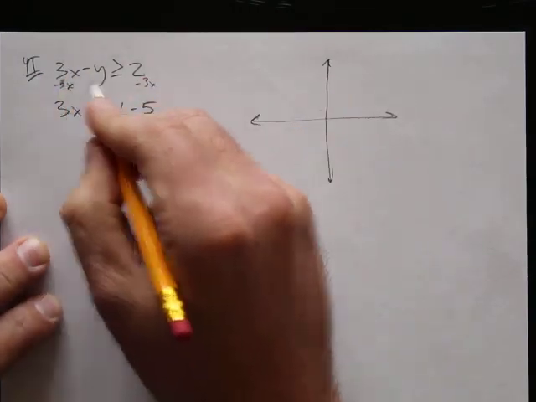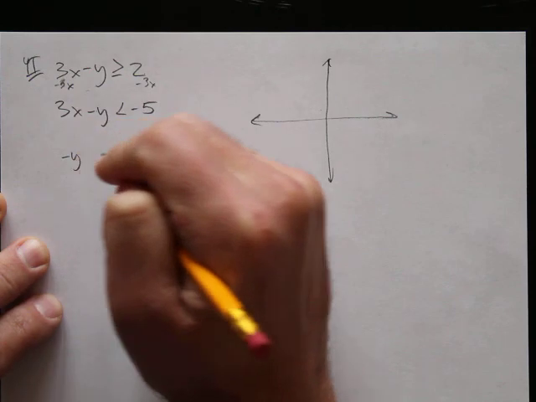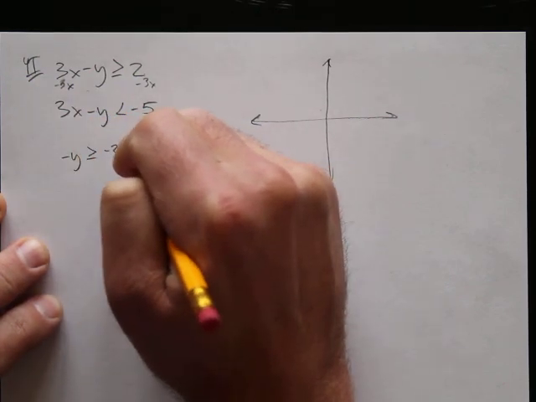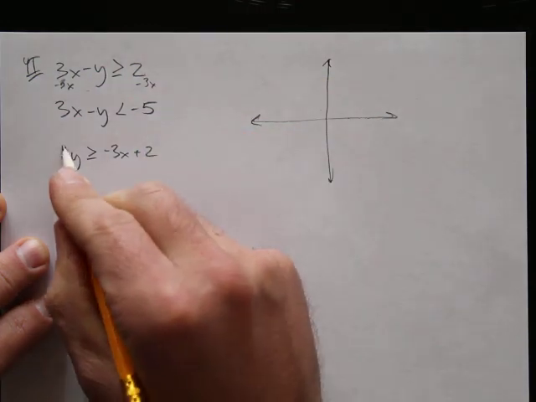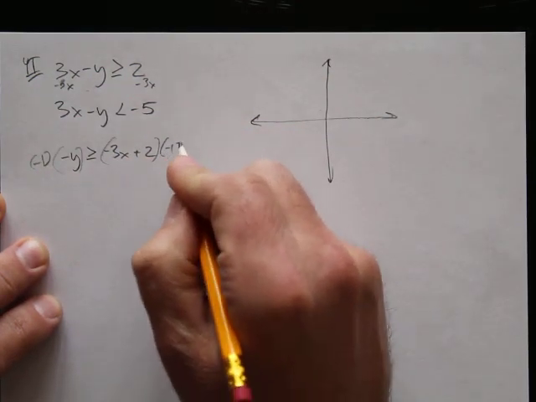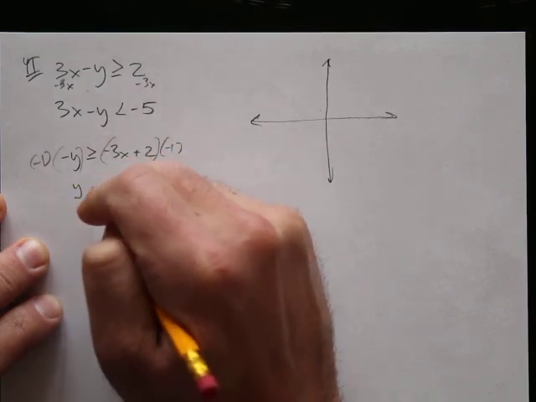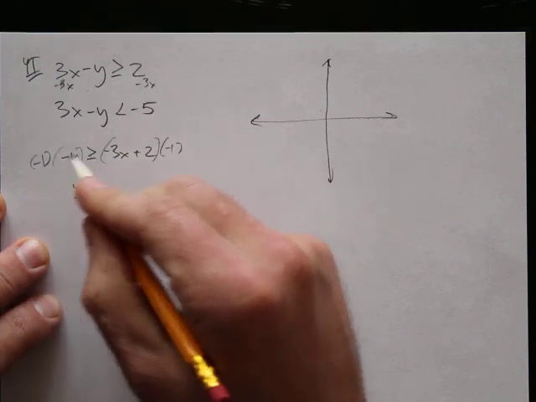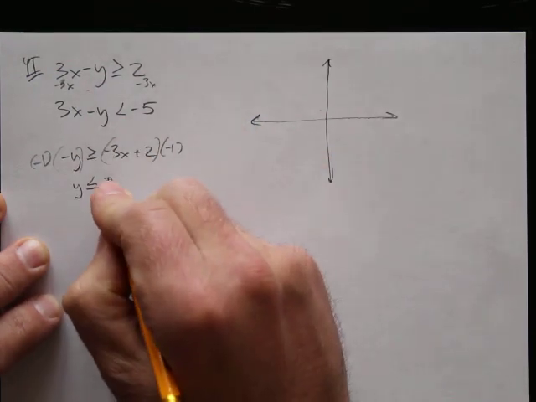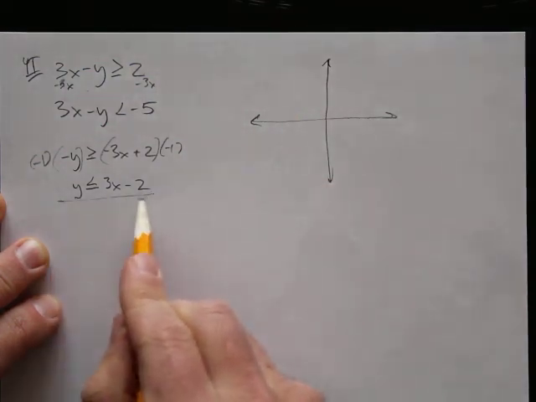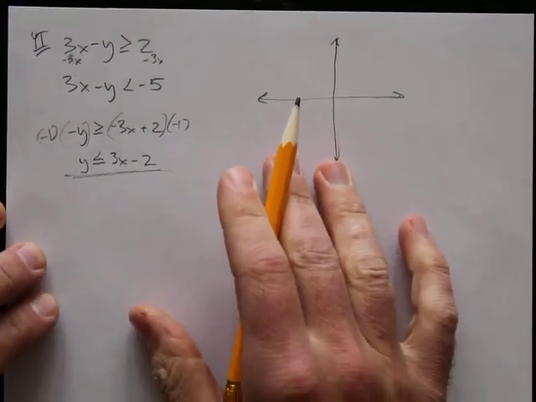So if I subtract 3x from both of these, I have negative y is greater than or equal to negative 3x plus 2. Now I need to multiply everything by negative 1. And so I have positive y is less than or equal to, remember I need to switch the sign because I multiplied by a negative 1, 3x minus 2. Okay, so there's one inequality that I'm going to graph.